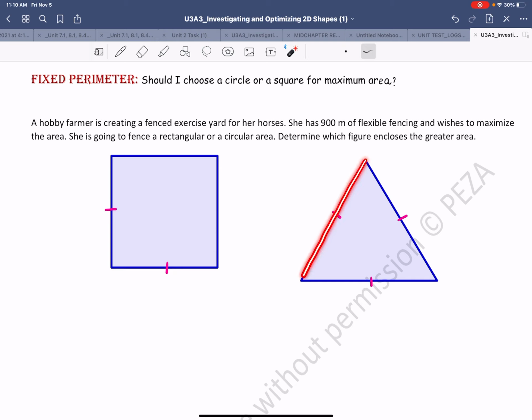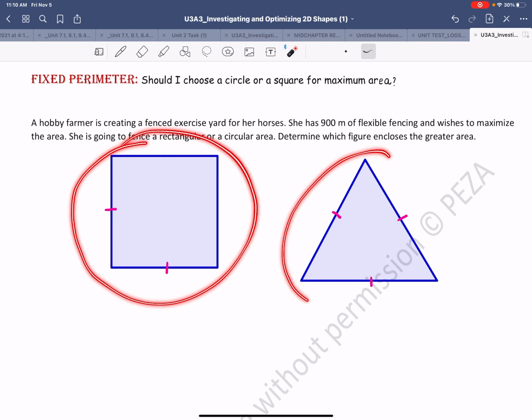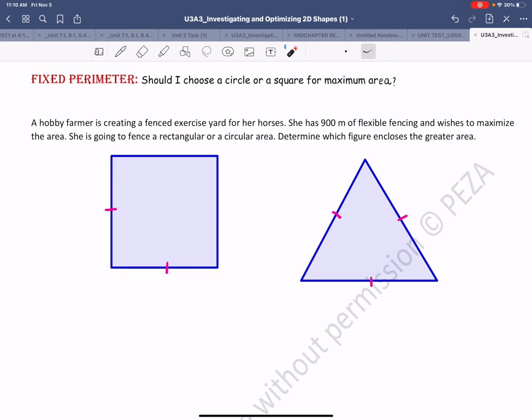In triangles, we said that the maximum area triangle is the one where all the sides of the triangle are equal. So when we look at these two shapes that represent the maximum possible area given a fixed perimeter in rectangles and in triangles, we can tell that these shapes are quite symmetrical.